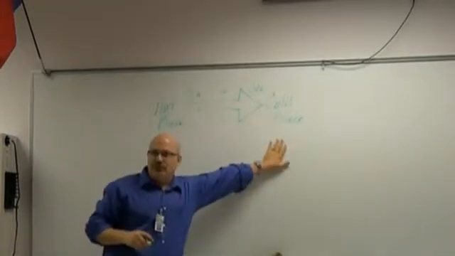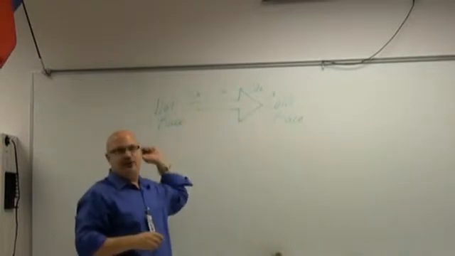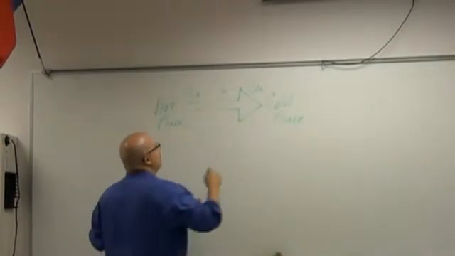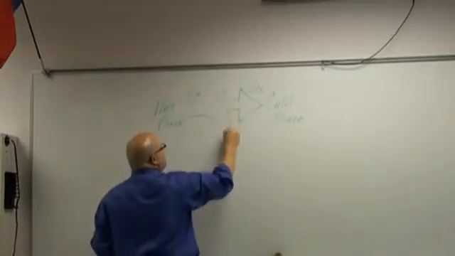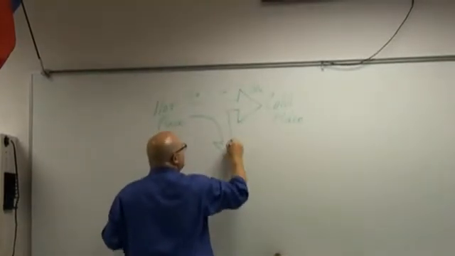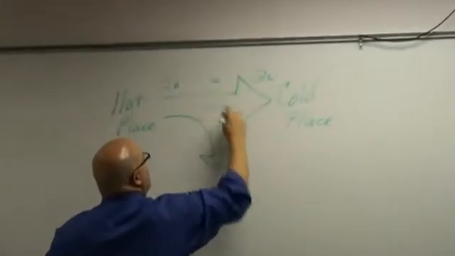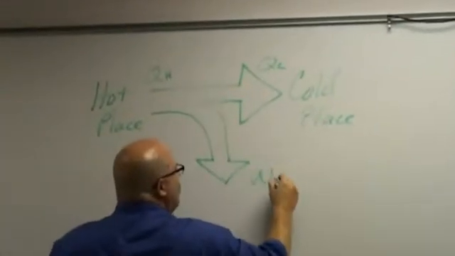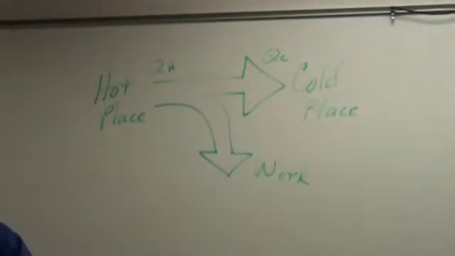Since this occurs naturally in nature, we want to use it to do things for us, to do work. So here's what we do. We steal some, and we make it do work. So here's the deal, everybody.